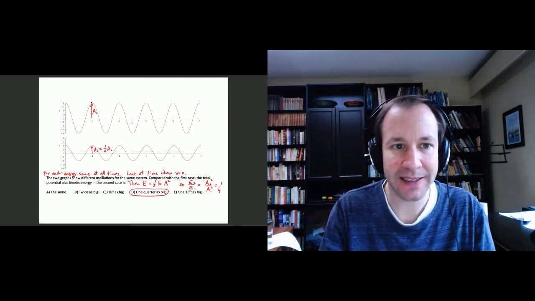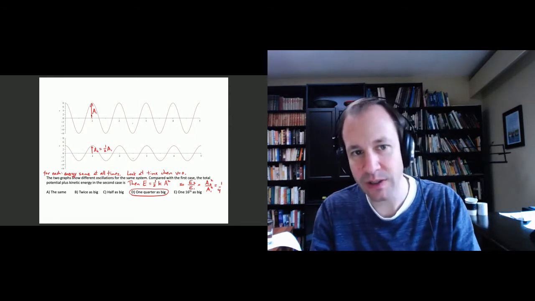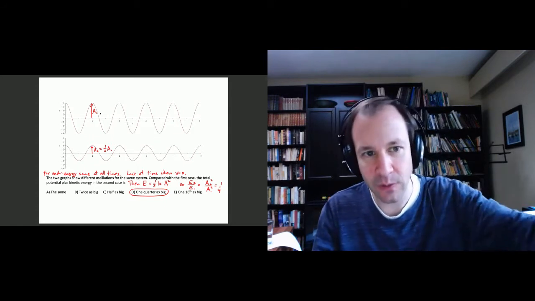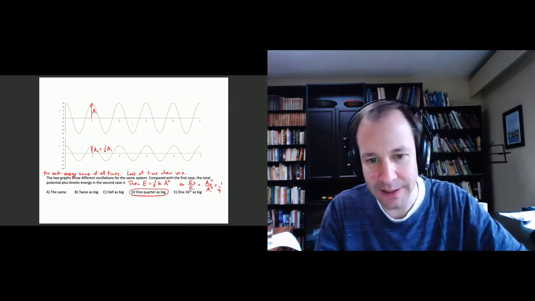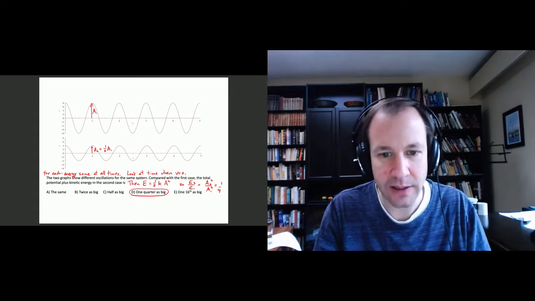And so if we were to calculate the energy at this point, time 1, which is the total energy of the first oscillation, that would be 1/2 times k times A1 squared. If you calculate the energy at time 1 for the second oscillator, then that's 1/2 times k times A2 squared.